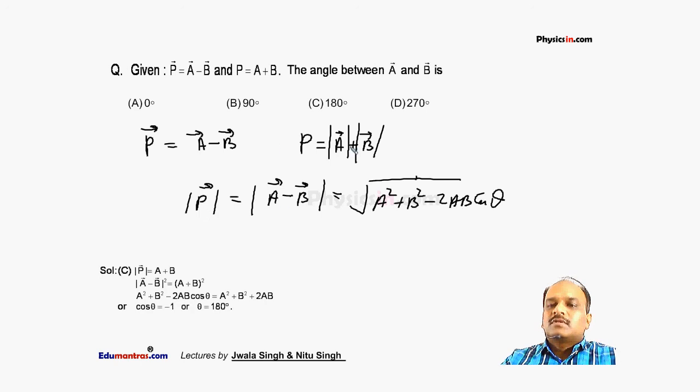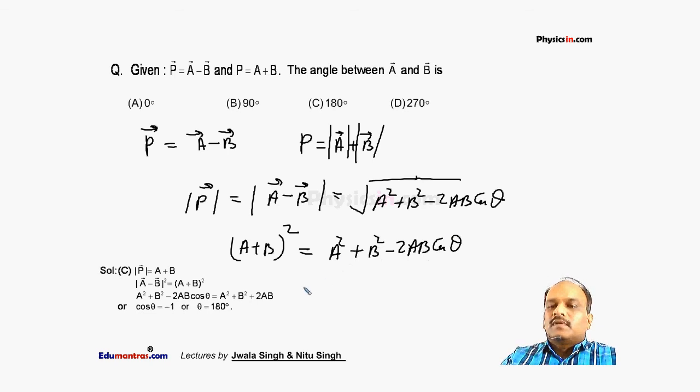Whereas mod of P is also given as A plus B. So A plus B whole square, that is mod of P square, is equal to A square plus B square minus 2AB cos theta.